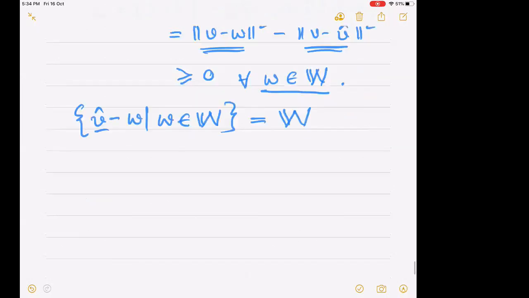Say, in R², suppose I have this line as a subspace, and then I fix a vector in that subspace.